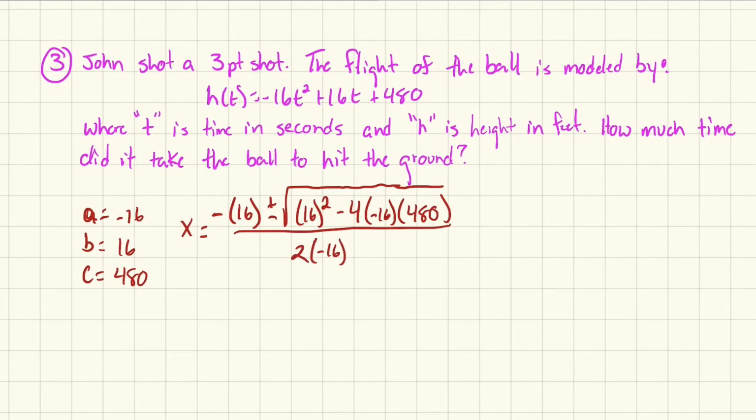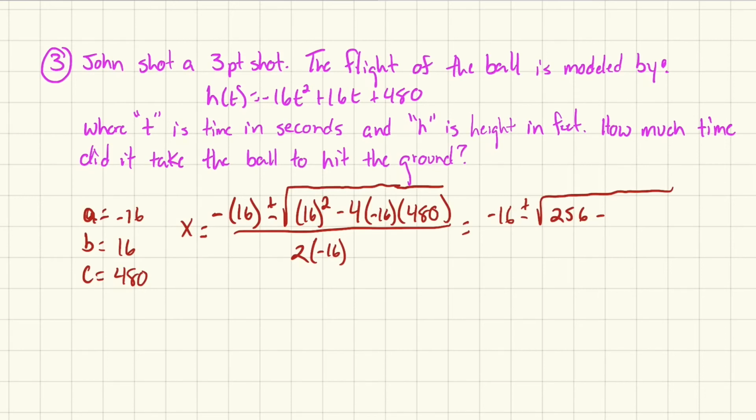So now we simplify. We end up getting negative 16 plus or minus the square root of 16 squared is 256. And we're going to subtract 4 times negative 16 times 480.